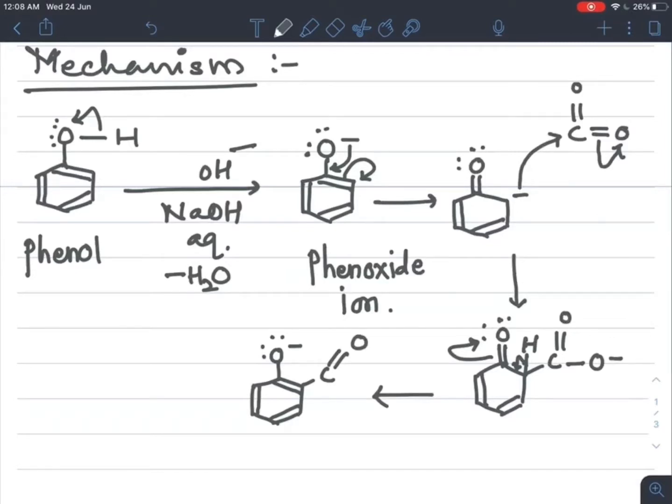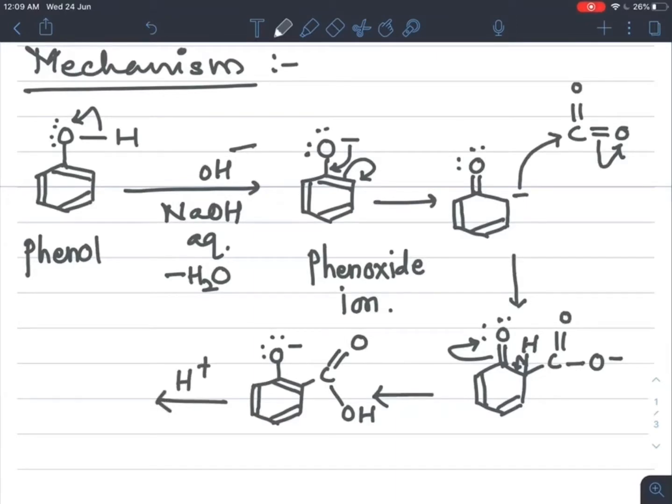Now this H plus formed here is shifted onto this oxygen, and by taking this pair of electrons it bonds with this oxygen, so OH is formed here. This hydrogen shifts here, and there is a formation of OH. Now finally acidification takes place.